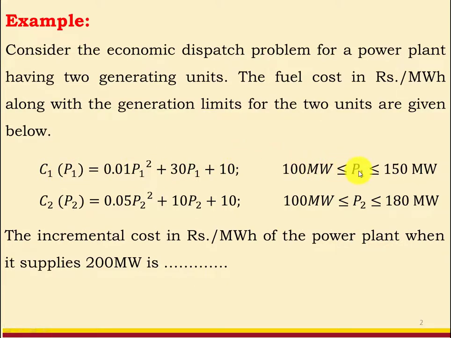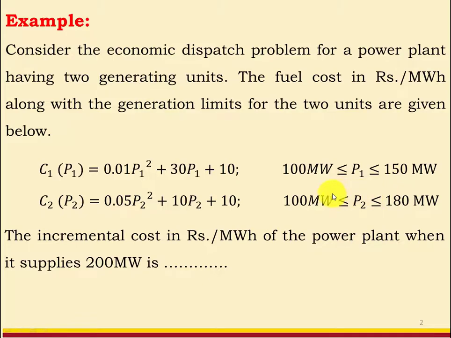Second, the limits of P1 and P2 are given. The minimum generation limit for P1 is 100 megawatt and the maximum is 150 megawatt. For P2, the minimum is 100 megawatt and the maximum is 180 megawatt.